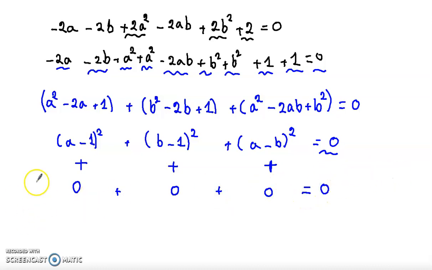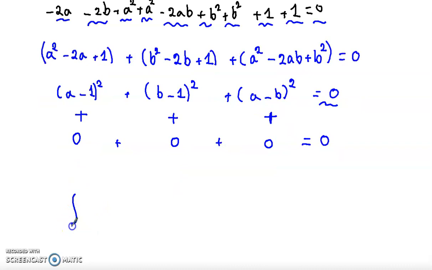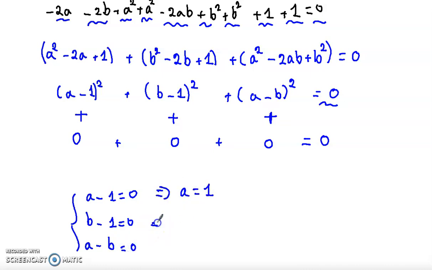So we can say that a minus 1 equal to 0, b minus 1 equal to 0, and a minus b equal to 0. So here you will get a equal to 1, b equal to 1, and a equal to b.